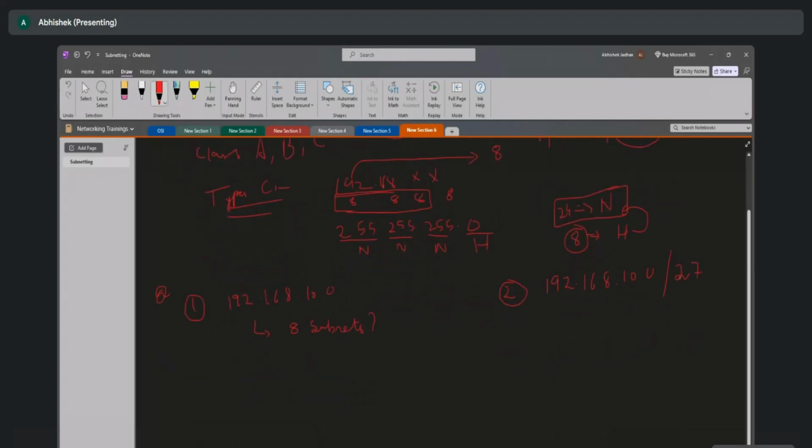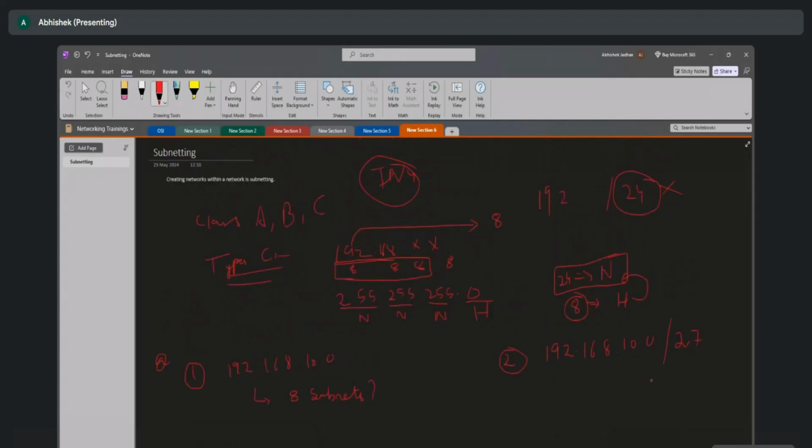So for this particular question, what the questioner, or whoever is asking you this question, or maybe tomorrow if you have some job to do related to subnetting within your infra and you have such an IP address, what this indicates is that since it's a type C IP address, 24 bits are already for the network portion, and in order to create subnets, whoever created this IP address has borrowed 3 host bits.